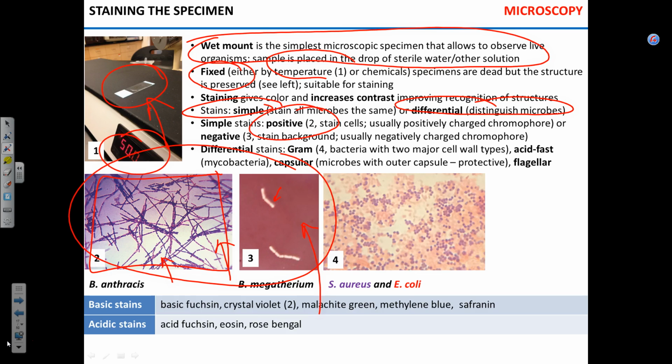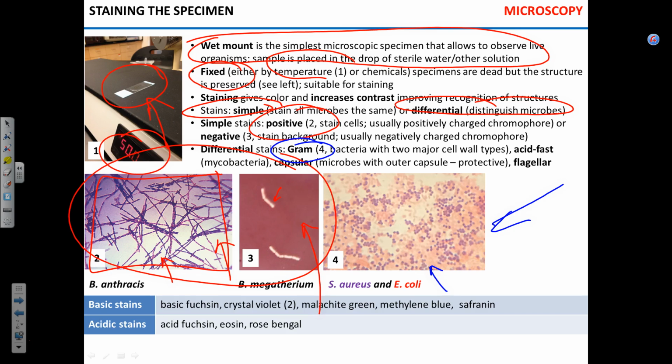Differential stains can be for different purposes. One of the most fundamental stains is the Gram stain. You can see the example of Gram stain on this micrograph. The purple cocci are the gram-positive Staph aureus.